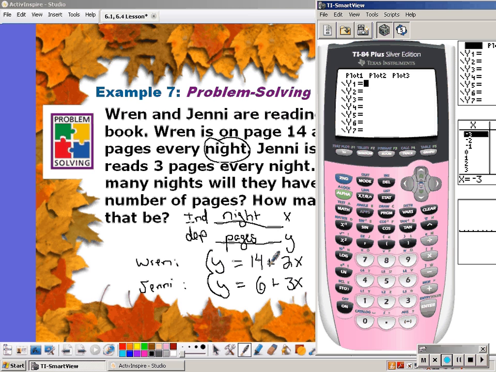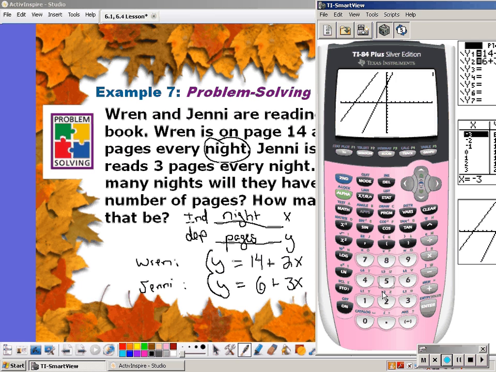Our first equation is 14 plus 2x. And our second equation is 6 plus 3x. So down on the second line, 6 plus 3x. Calculate the intersection, so second calc, intersection, that's choice number 5, so we hit 5.